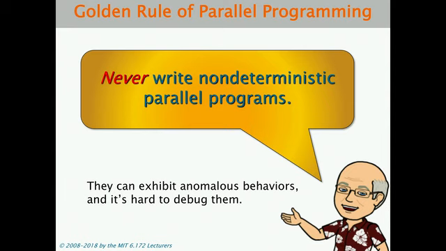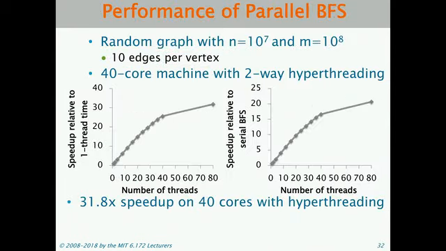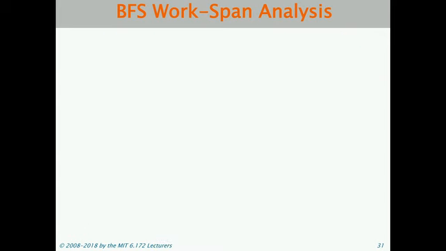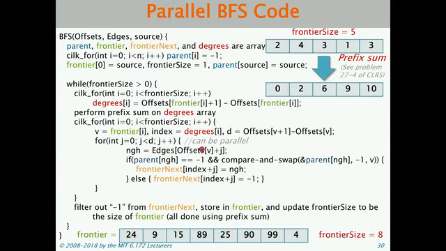Yeah, so there's non-determinism in the compare and swap. So let's go back to the code. This compare and swap here, there's a race there because we can have multiple vertices trying to write to the parent entry of the neighbor at the same time, and the one that wins is non-deterministic. So the BFS tree that you get at the end is non-deterministic.